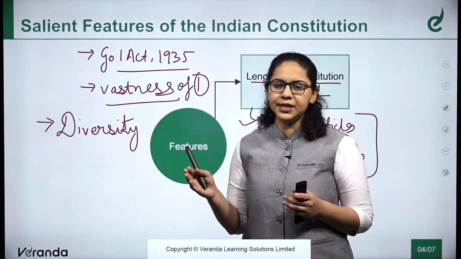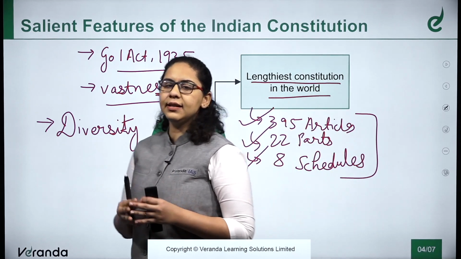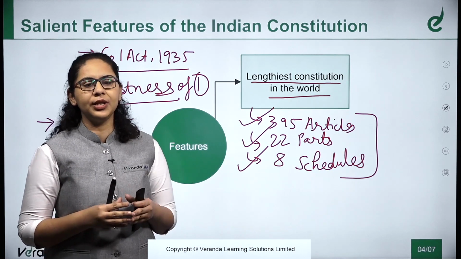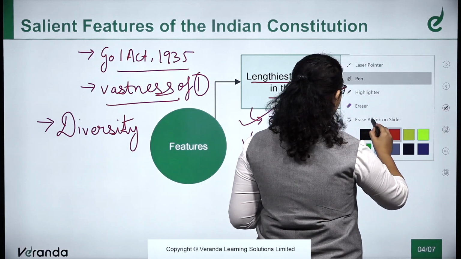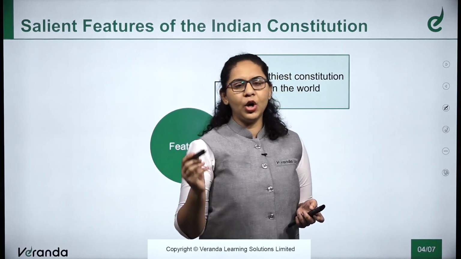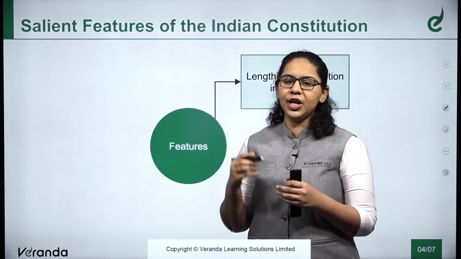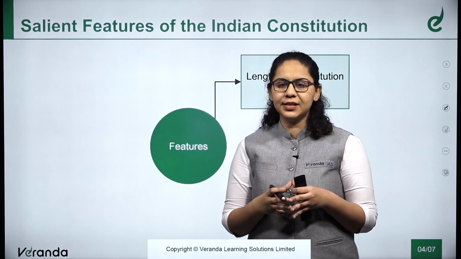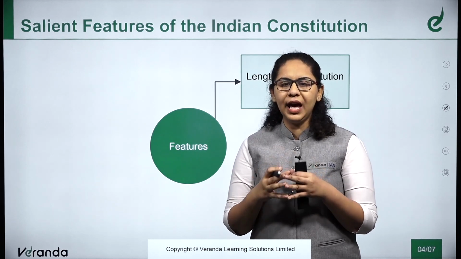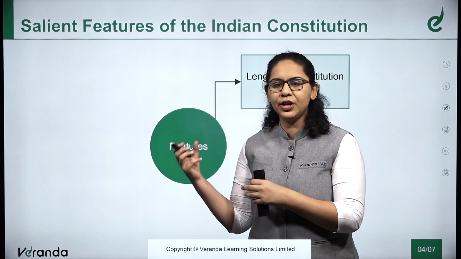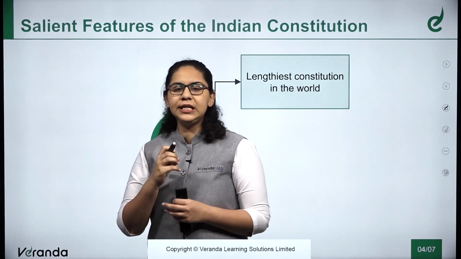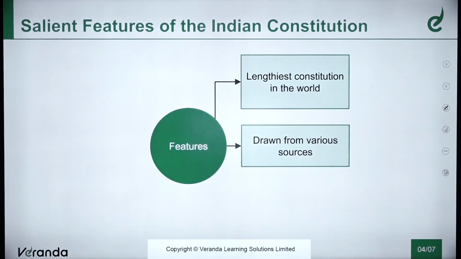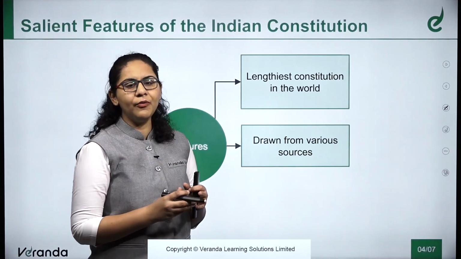There are various other reasons for making Indian Constitution the lengthiest in the world. We have provisions for minority groups as well, for educationally and socially backward classes as well. Apart from this, we have not only the political structure, but also minute administrative details in the Constitution.